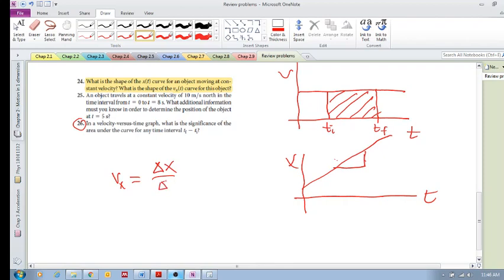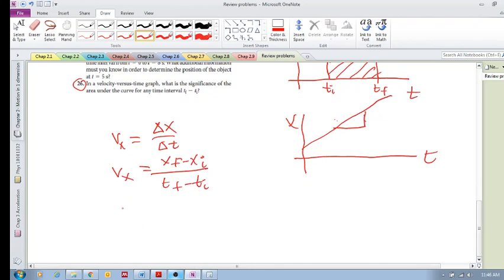Delta x over delta time, which is x final minus x initial over t final minus t initial. So that's your velocity. So our velocity times our change in time is equal to our change in position. That's our delta x. So our change in position is equal to velocity times change in time, which is what?